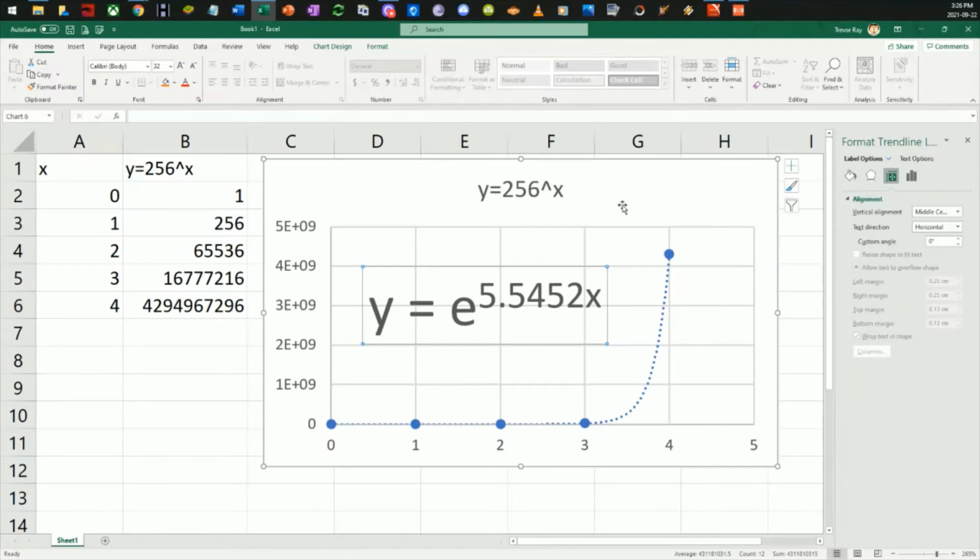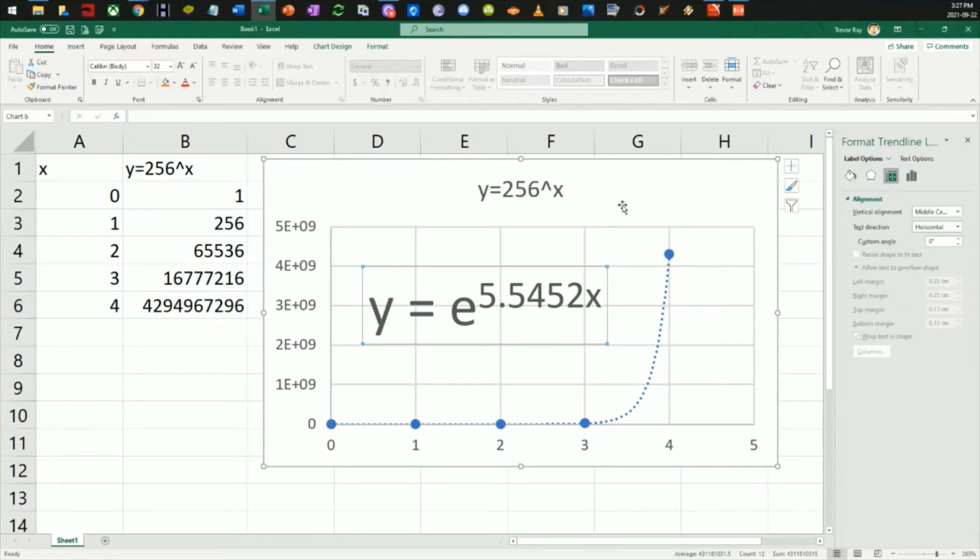Now, if you want just something to the exponent x instead of e, just literally take e to the exponent 5.5452, punch that into your calculator, and what you're going to get out is a number that's pretty close to 256. Again, there might be some rounding error. In fact, if I do it right now, 5.5452, yeah, I get 256.00577.